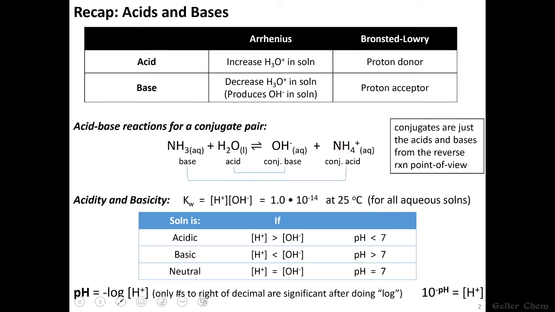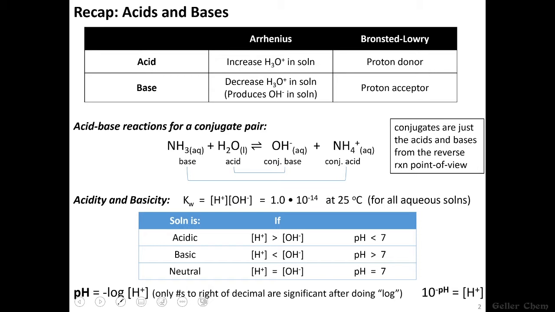Another concept we got into was the idea of acidity and basicity. And we started by first defining this equilibrium constant called Kw, the water dissociation constant. And this relates to the equilibrium between protons and hydroxide ions in water. And that Kw is 1.0 times 10 to the minus 14, provided we're at 25 degrees Celsius, which we will always be in this class unless otherwise specified.